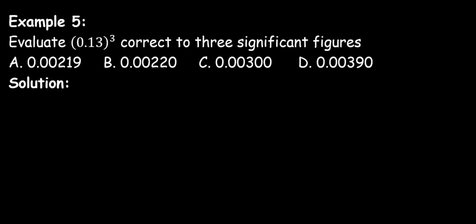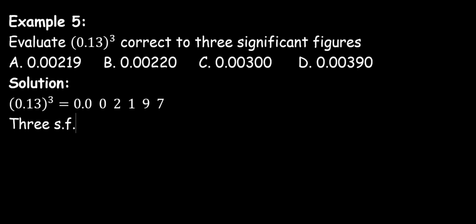Solution. Here we are given the first operation to perform on 0.13, that we should raise it to power 3, and that will give us 0.002197. We are approximating it to 3 significant figures.